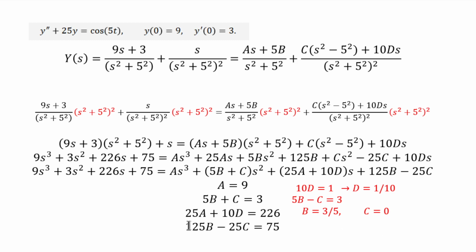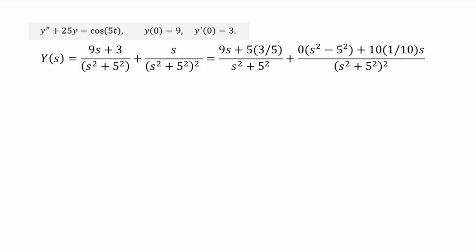And then for this one, you can divide everything by 25, which gives you 5B minus C equals 3. And since 5B plus C is 3 and 5B minus C is 3, if you add these two values together, you get 10B equals 6, which means B is 3/5, and then you can also see that C is 0.